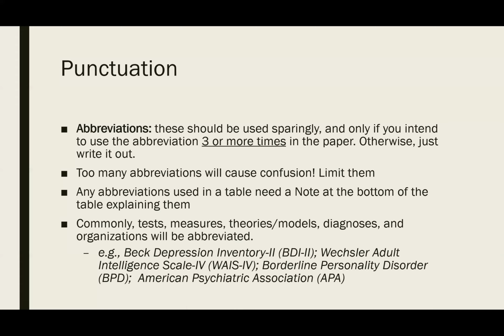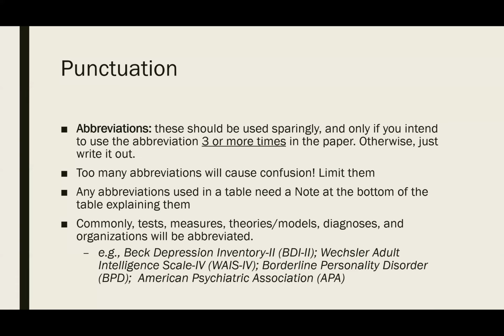And commonly, tests, measures, or theories or models, diagnoses, and organizations will be abbreviated if you discuss them a lot. So for an example, if you're using an established self-report measure like the Beck Depression Inventory for the purposes of your research project, or focusing on a commonly known diagnosis or disorder like borderline personality disorder, I would recommend abbreviating it, as you'll talk about it a lot.